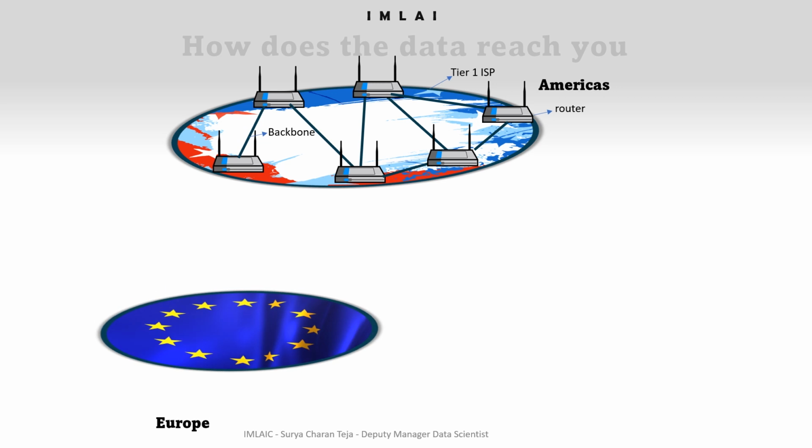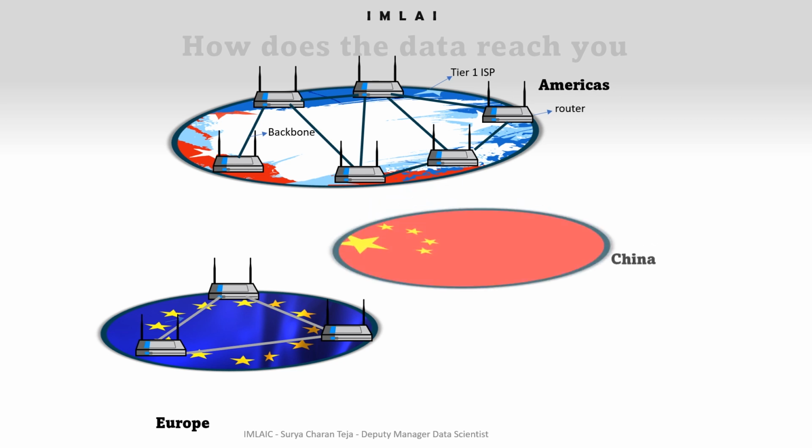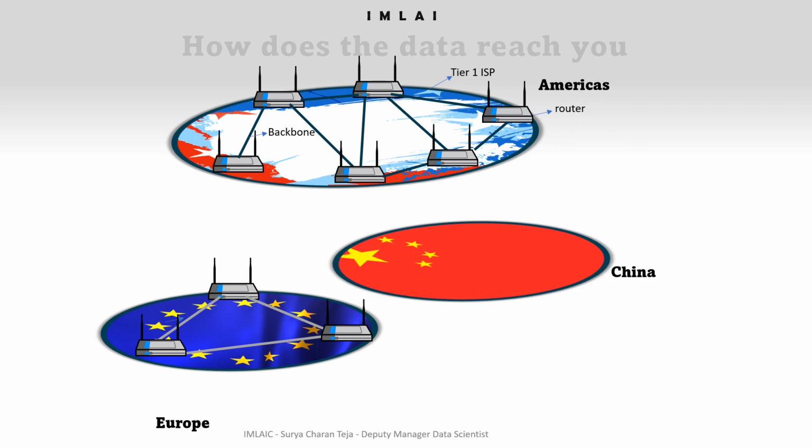Similarly, Europe has their own subnet, that is again routers and then backbones, and then it makes up one subnet that belongs to Europe. Similarly, China has their own subnet. Routers and transmission lines collectively make up China's subnet.